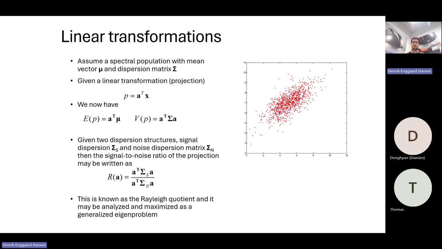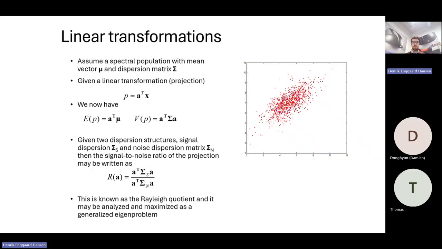The reason it's worth going a little through the mathematics of this is that it helps us understand how we come to the decision about using these different methods. What we are usually interested in is that we have some kind of signal that we assume is an image, and we have some noise. And we want to make the distinction between the signal and the noise as big as possible.